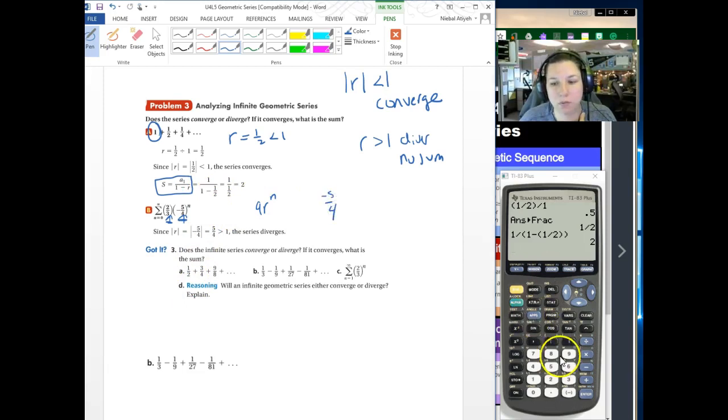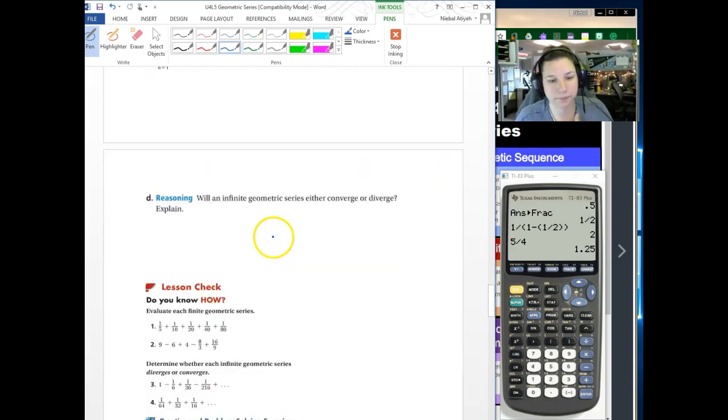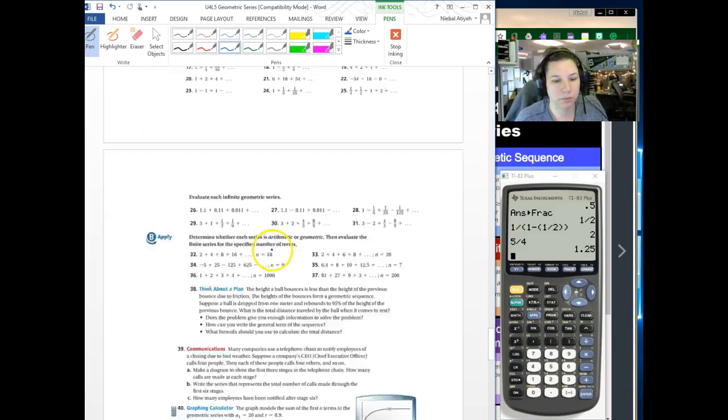The absolute value of -5/4 is greater than 1. If you're not sure what 5/4 is compared to 1, you can convert it to a decimal. Okay, so absolute value of that is 1.25. That's greater than 1, so this one diverges. There's no sum. Okay, and some extra practice for you.